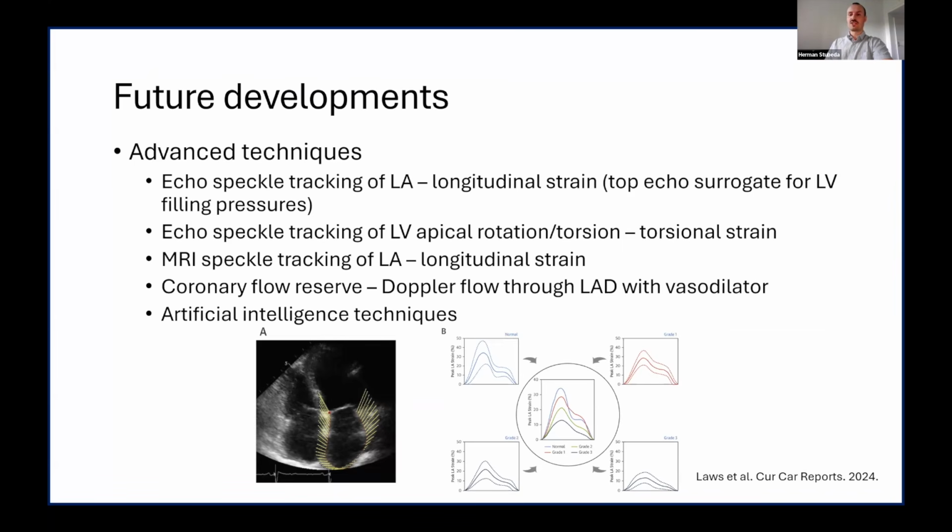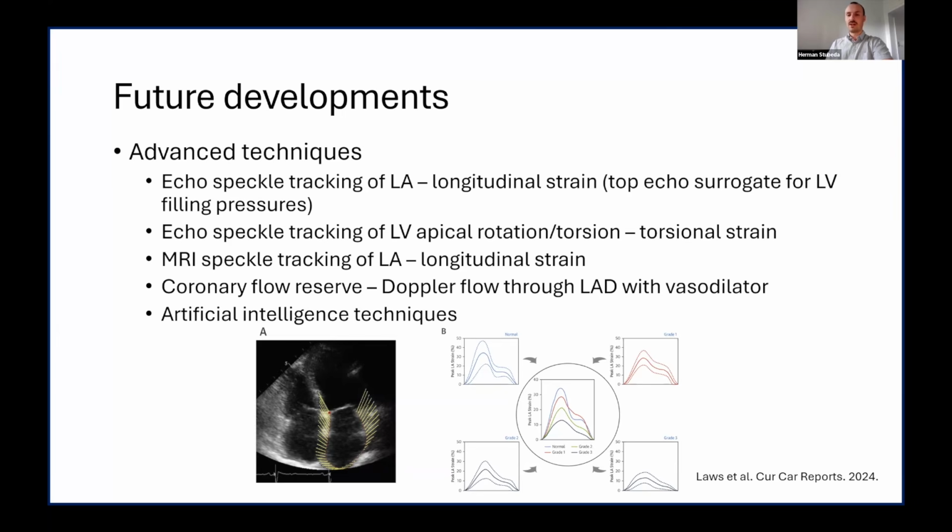Lastly, I want to touch upon the newer echo parameters in the pipeline for diastolic evaluation. The left atrium longitudinal strain software algorithm has been used fairly widely at this point by some bigger centers, and it ends up correlating with LV filling pressures quite well.